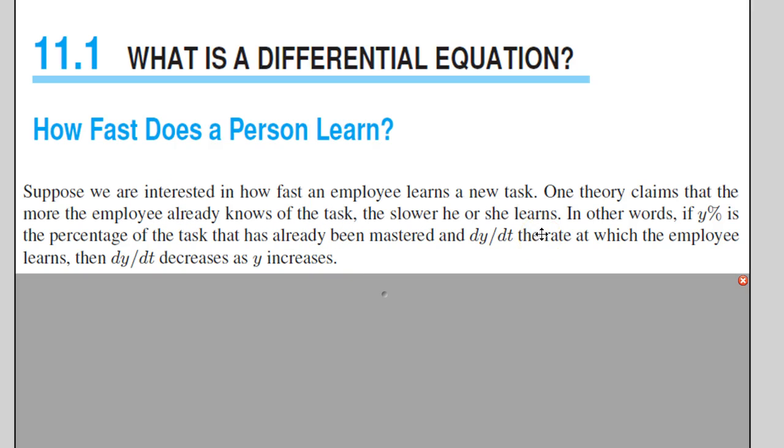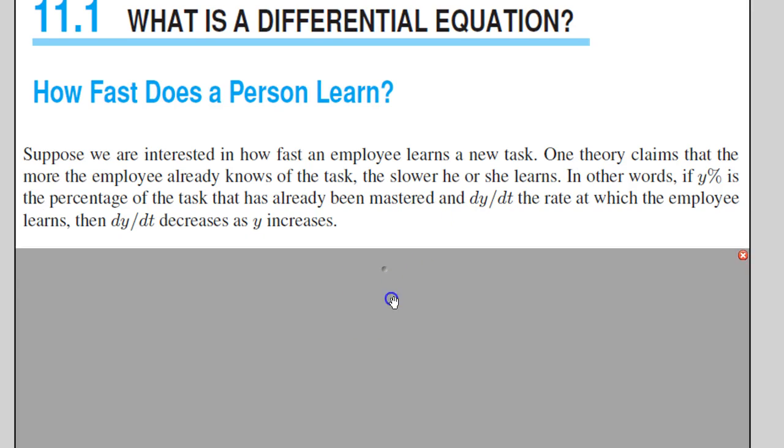In other words, if y% is the percentage of the task that has already been mastered, and dy/dt is the rate at which the employee learns, then dy/dt decreases as y increases. So the more the employee knows, the slower the rate at which they learn.